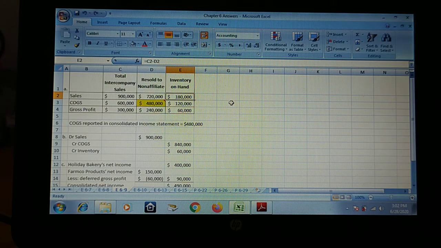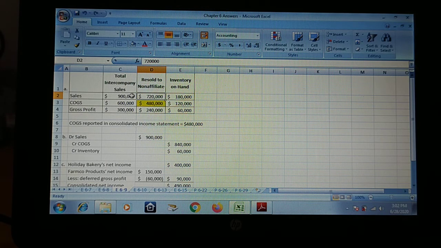We need to find first the price per unit. It's simply 900,000 divided by 100,000 bags, so one bag will be $9. $9 times 20,000 bags becomes $180,000. So the sales that has been resold to non-affiliates is 720,000.